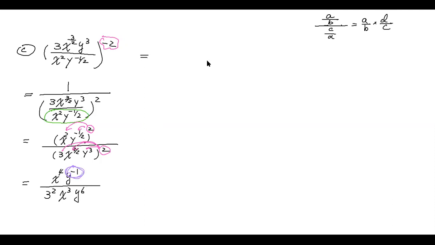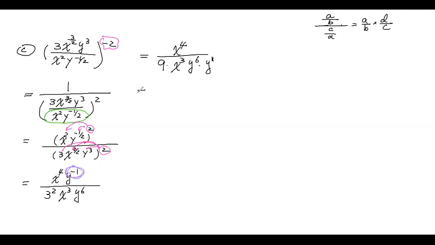So what can I do? Flip it, like we talked about, right? So this is x to the 4th, then 3 squared is 9, then this is x to the third, and then this is y to the 6th. You flip this one down. So this one down here is 1, right?